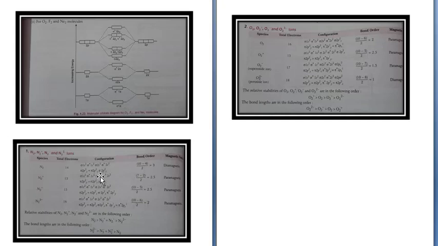Bonding orbitals are those without asterisk. Sigma 1s2 makes it 2.